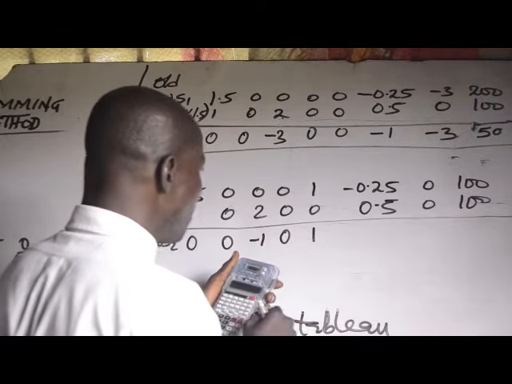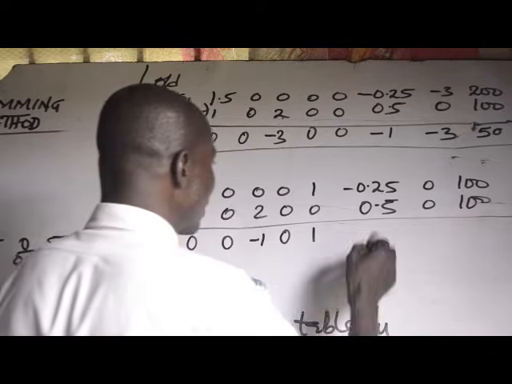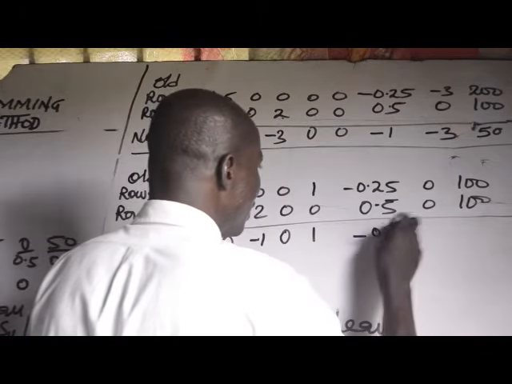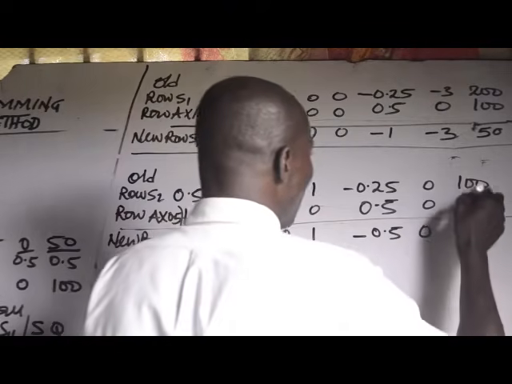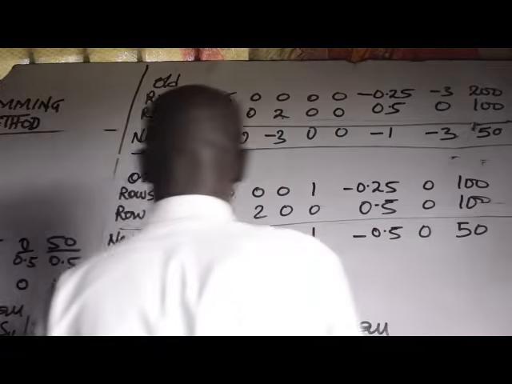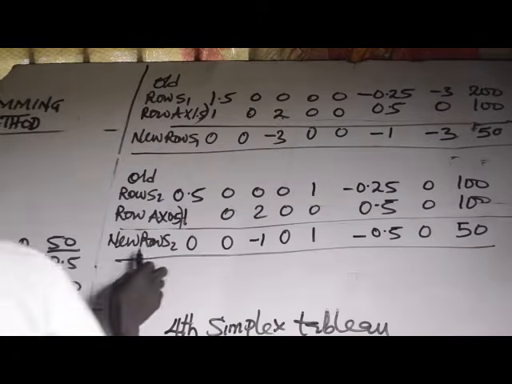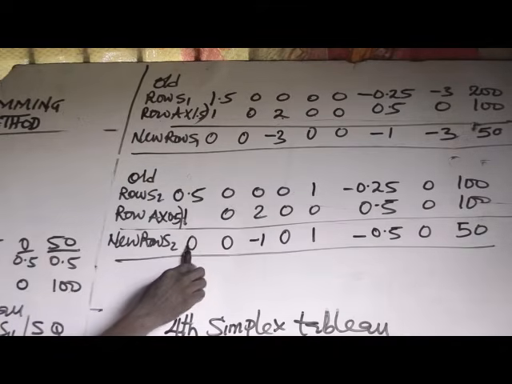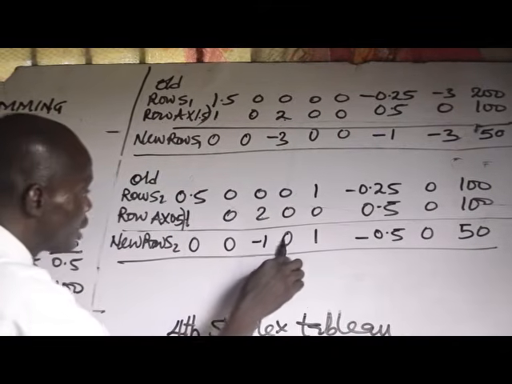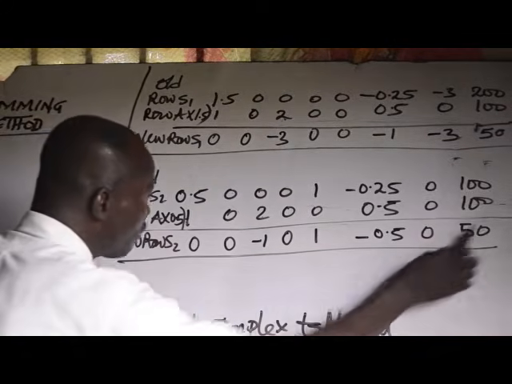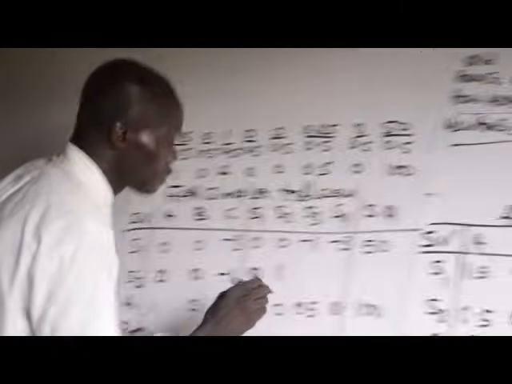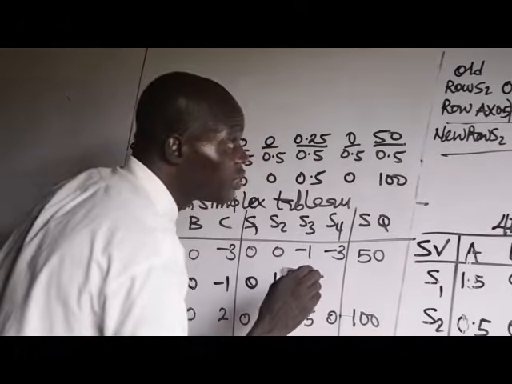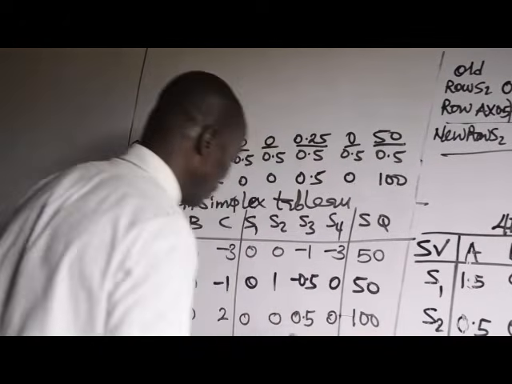Minus 0.25 minus 0.25, that gives us minus 0.5. This will be 0. 0.5 times 100, that will be 50. 100 minus 50 will be 50. Therefore, new row S2 now will be 0, 0, minus 1, 0, 1, minus 0.5, 0, and 50.